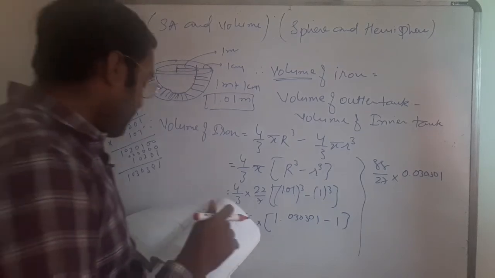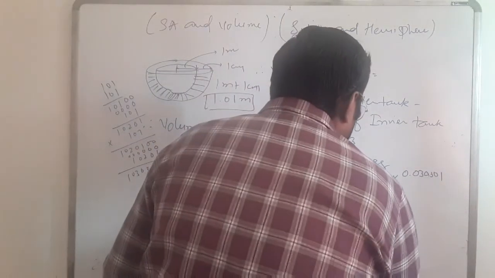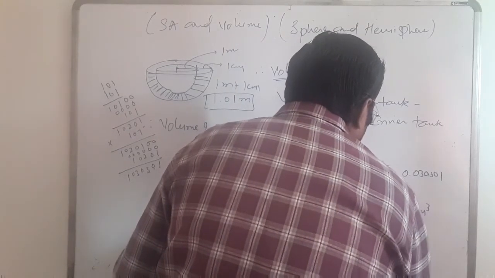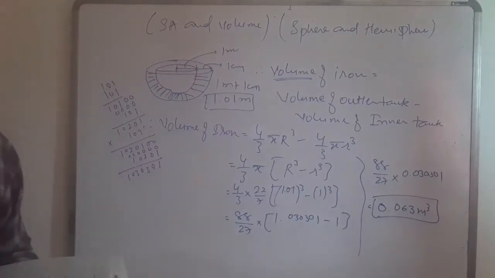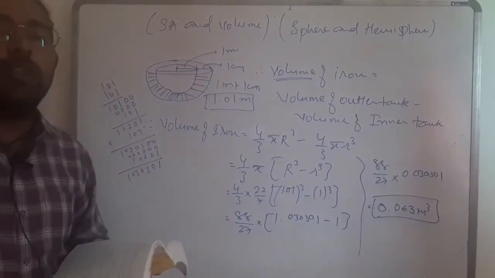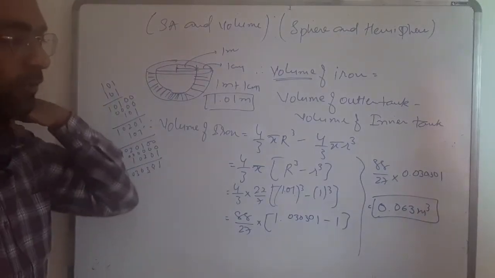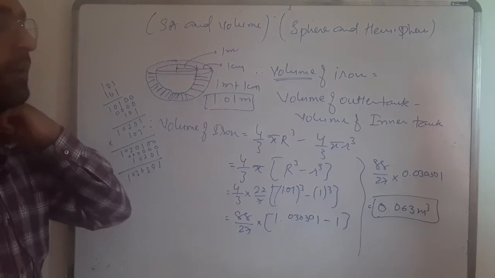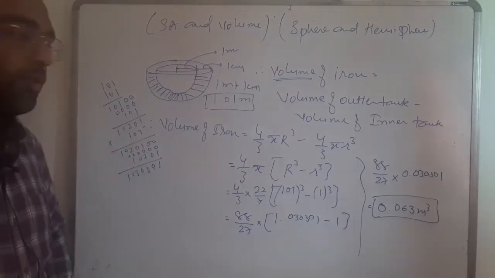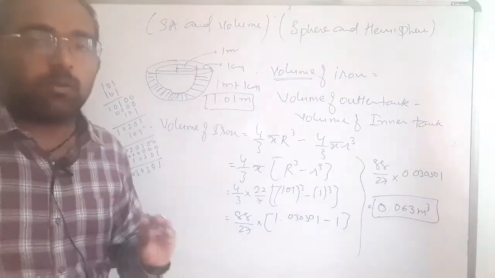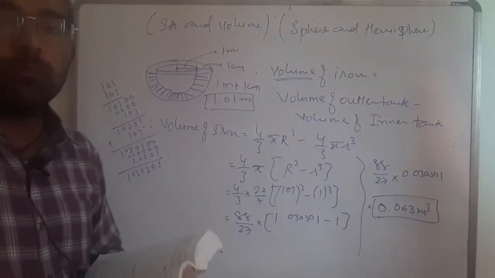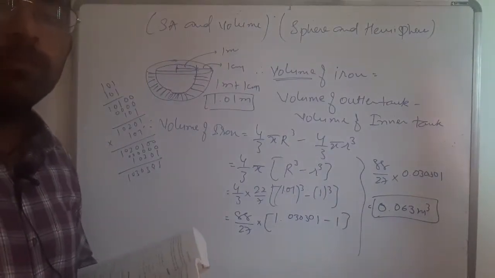Okay, approx we have got 0.063 meter cube. Okay, this is the approx answer. So students, if you calculate and get any other answer, then it's okay, but it's an approx answer, so you can write 0.06 only to be clear. Okay, clear, students?